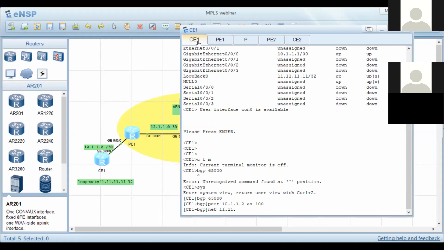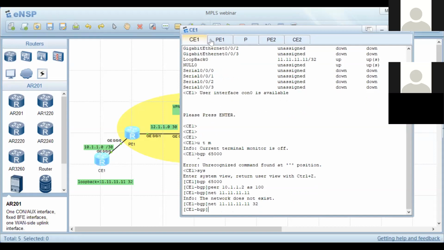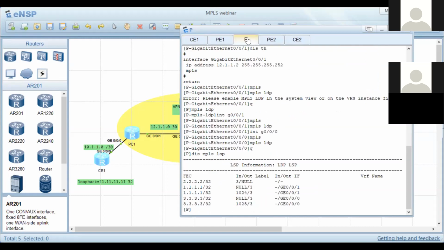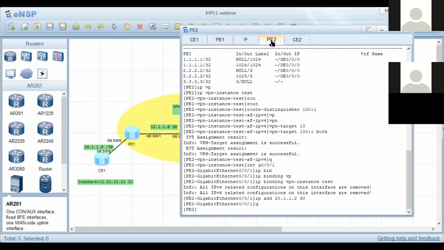The loopback address represents the internal network. So this one will not do anything, but only acts as a label switching router, as a core label switching router.